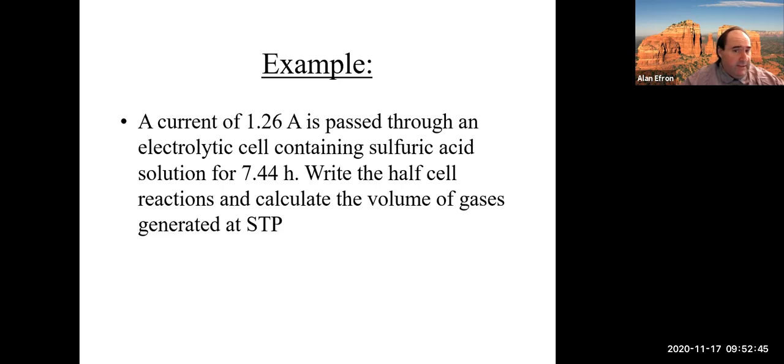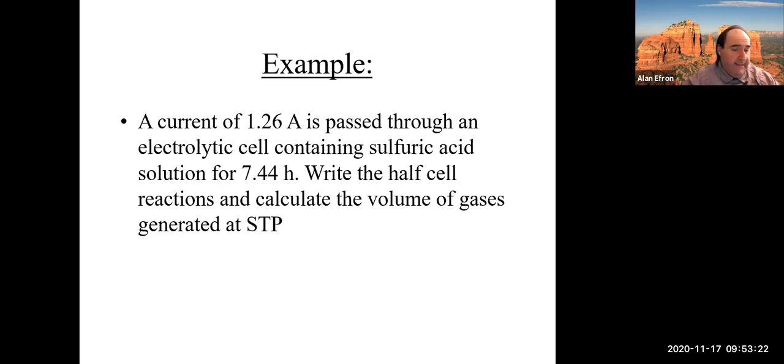Other variations: perhaps you're given how many grams of calcium you produced and how long it ran for. You could figure out the amperage, or backwards calculate how long a cell ran to produce that much. So there's a forward calculation and a backwards calculation, and you'll sometimes see both. Any questions on that before we hit the last example we had left?